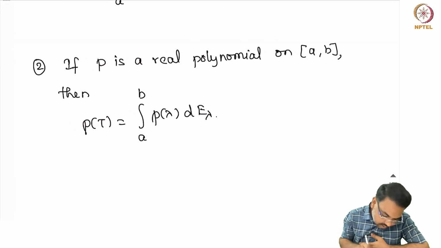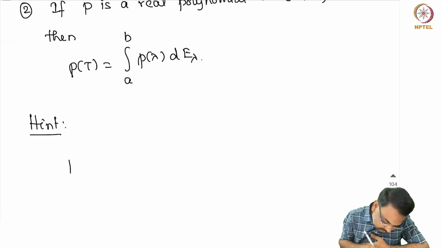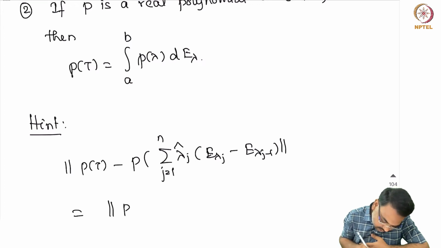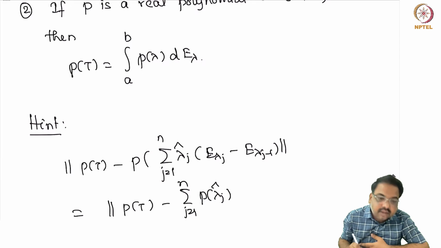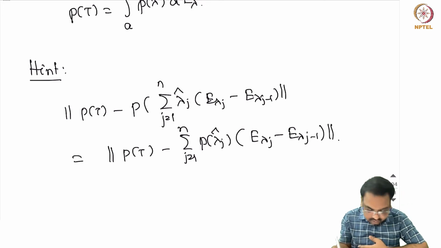Here what we have to do is look at the norm of P of T minus P of the summation j equal to 1 to n of lambda j hat E lambda j minus 1. Using the same calculation that we have done earlier, you will get norm of P of T minus the summation of P lambda j hat multiplied by E lambda j minus E lambda j minus 1.